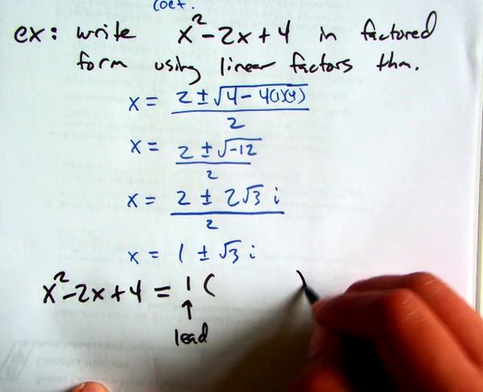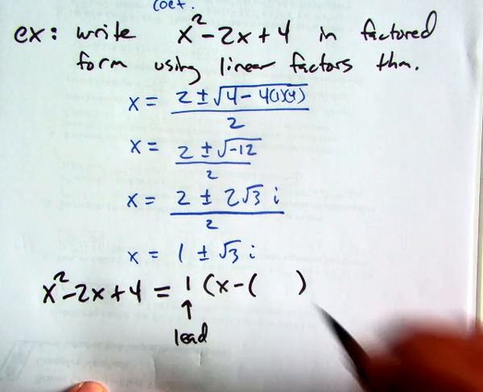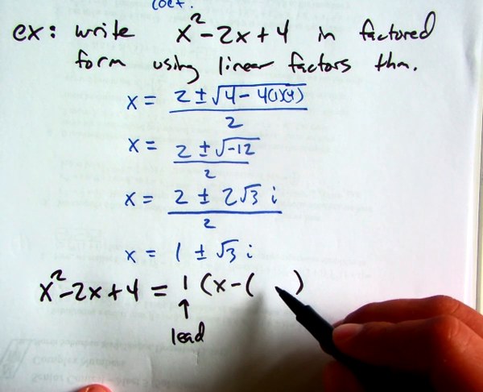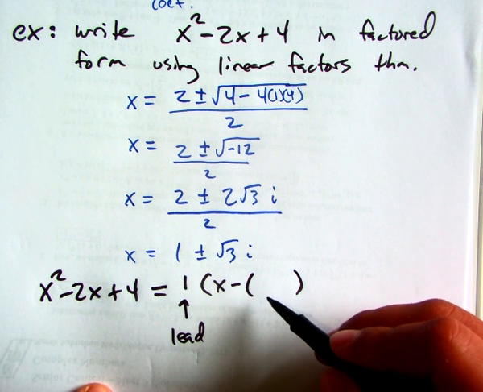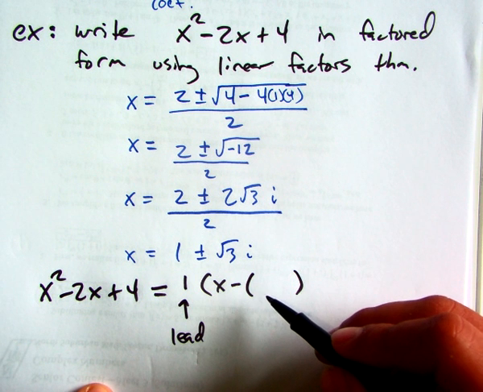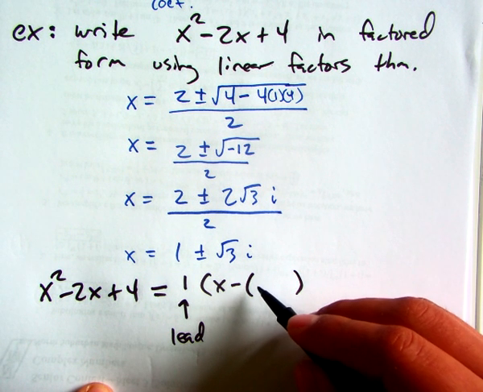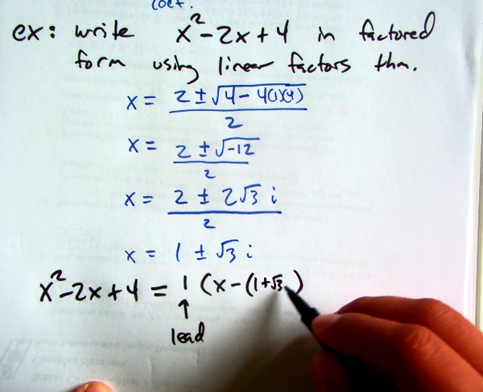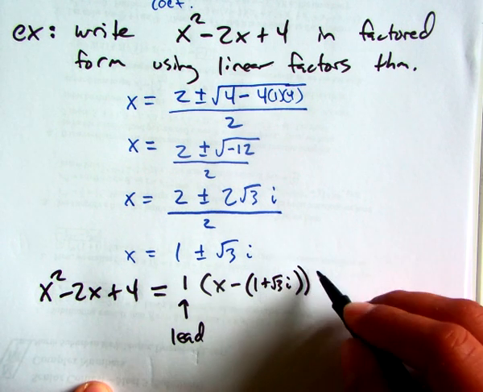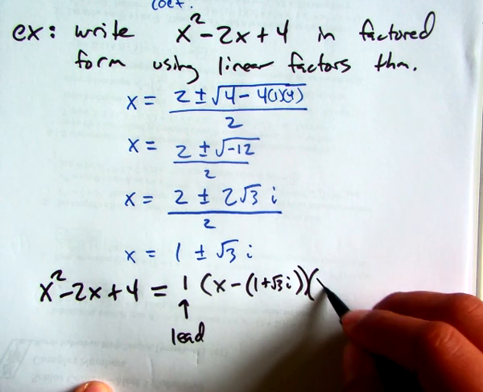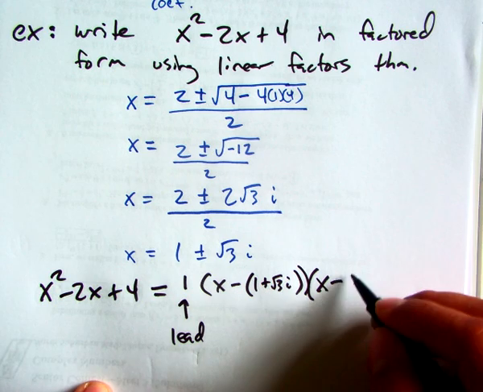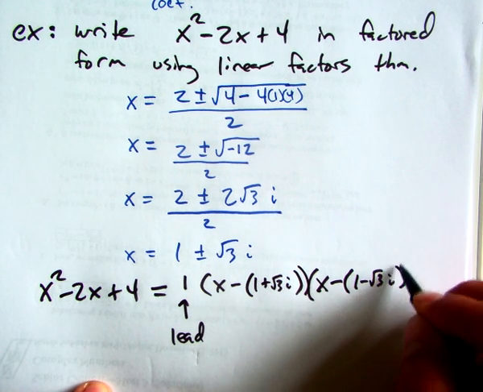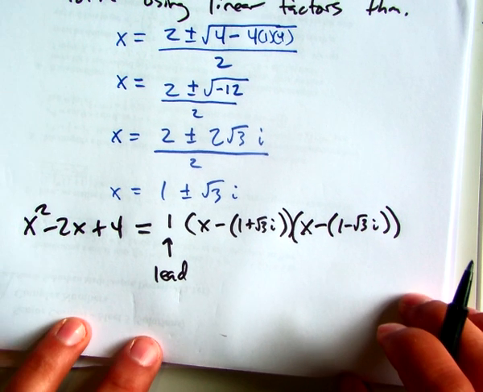And then we do x minus the first root, 1 plus root 3i. So that's one of the factors. The other factor would be x minus the next root, which is 1 minus root 3i.